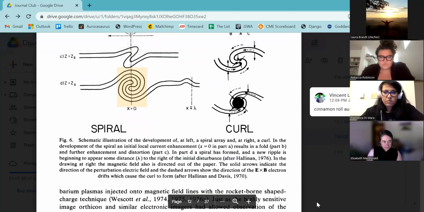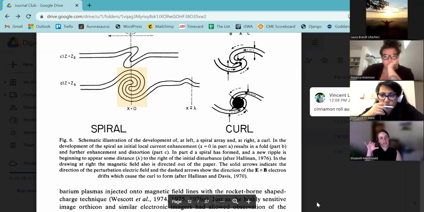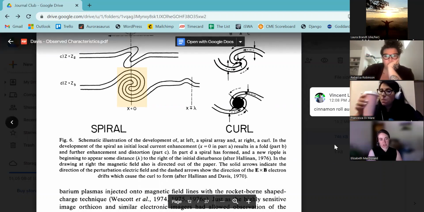Yeah. But basically there's two different phenomena happening depending on the way these electric fields especially get set up to kind of move the arcs around.